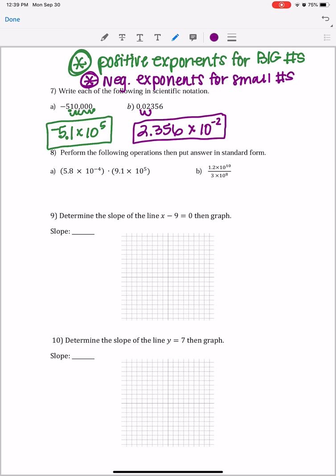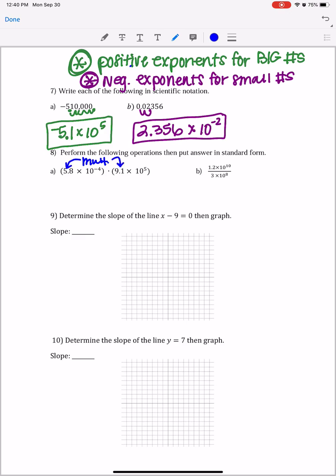Perform the following operations, then put the answer in standard form. Really and truly, you can put these in your calculator, okay? But if you don't, use your exponent rules and just your straight multiplication rules. 5.8 times 9.1. Okay, I'm multiplying this and this.